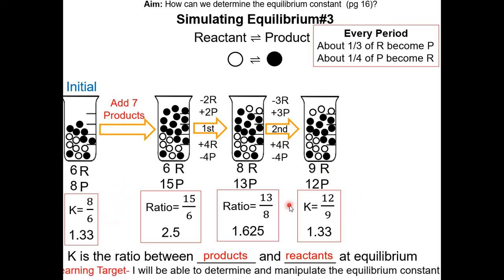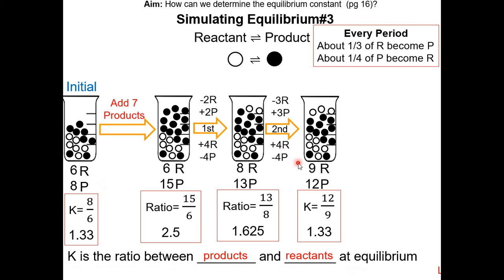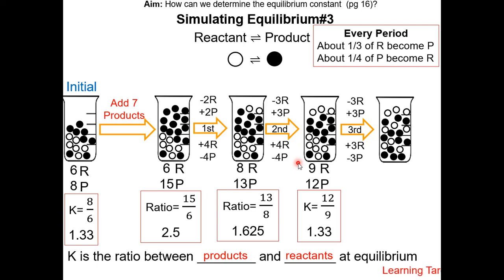Since we reached the same ratio as the reaction at equilibrium before we added the 7 products, we have reached equilibrium. If we continue this reaction with another period, we should get the same amount of reactants and products, which we do.